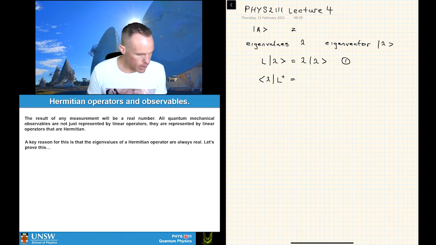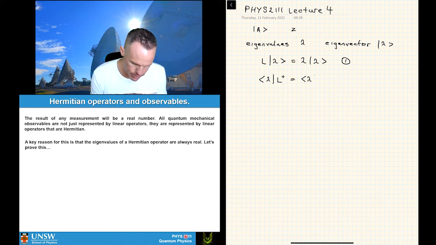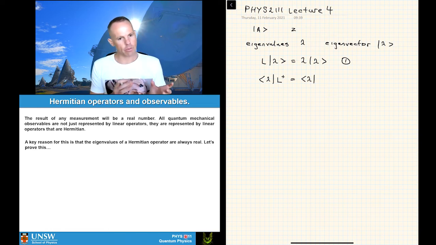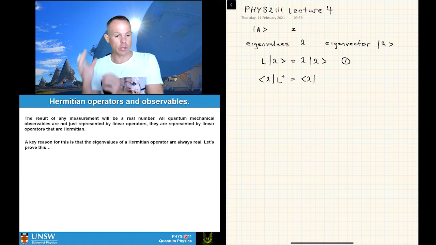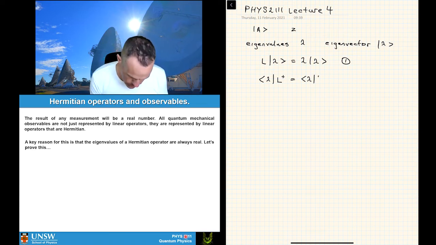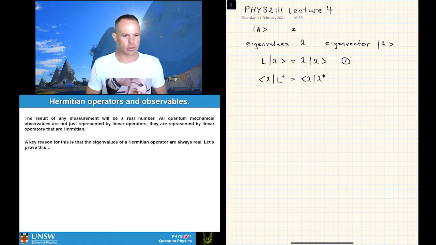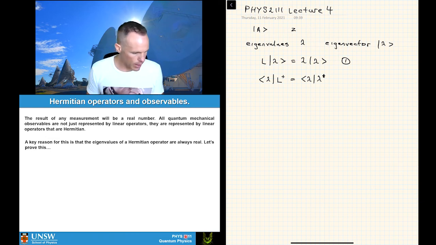Then we have our bra lambda, and again we do the same thing with numbers. We put the number on the side with the straight bracket. So this would be lambda, and of course it would be the conjugate. Going from ket to bra, the conjugation is implied.